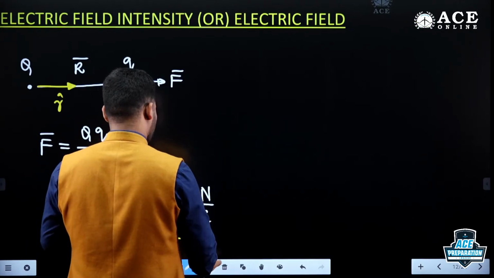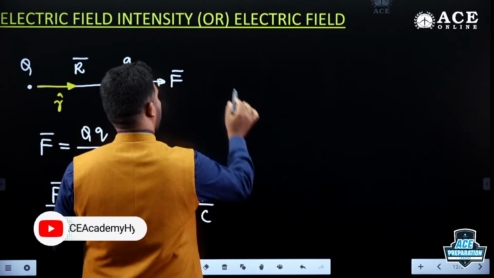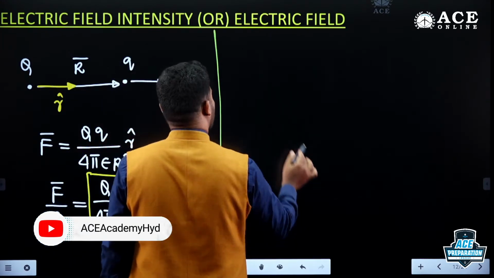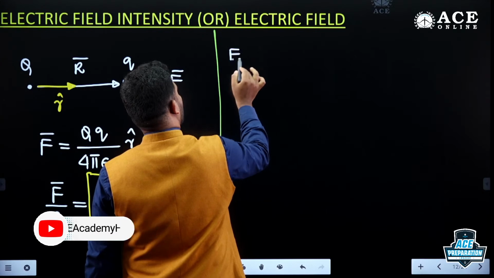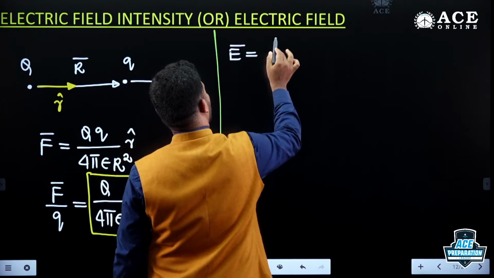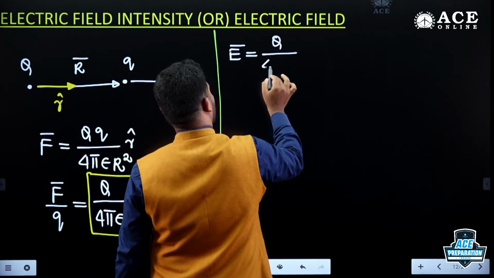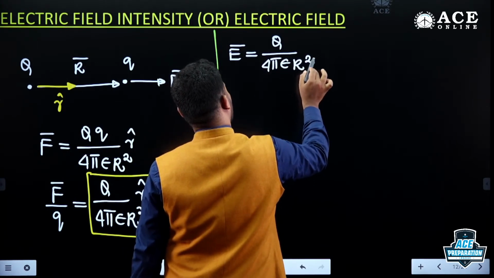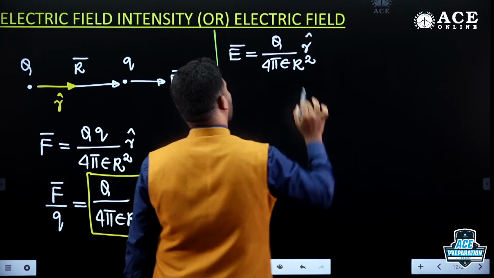So let me rewrite this here. What is the expression for the electric field? E is equal to Q by 4 pi epsilon R square into R cap.